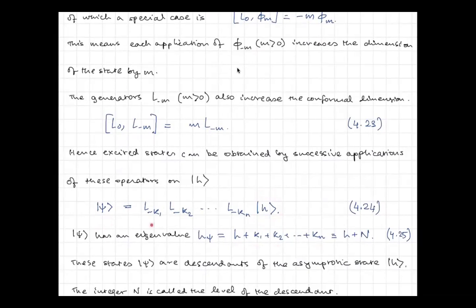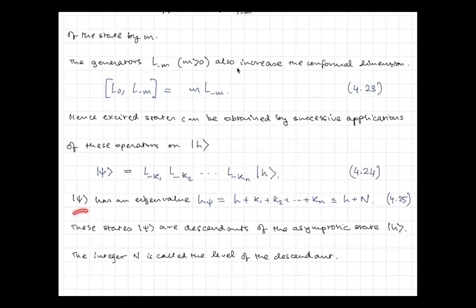All of these, as you can see from here, will add the label, with a minus sign. So this is going to add K1 plus K2 plus dot dot dot up to Kn. This sum of K1 up to Kn is called an integer big N. And all of these states psi are called descendants of this state H. And this integer N is called the level of this particular descendant.